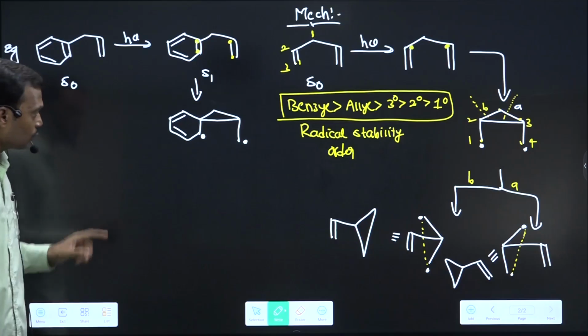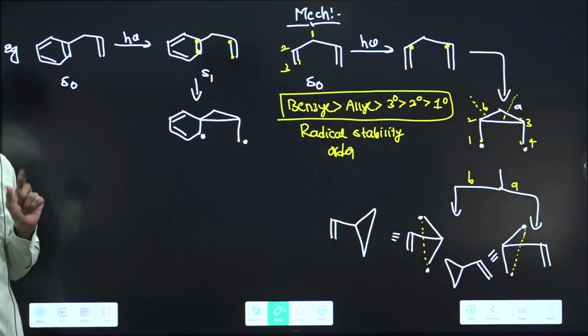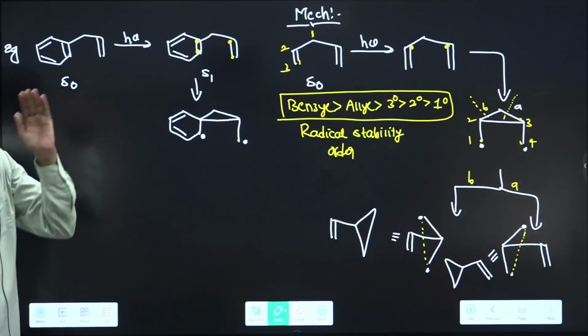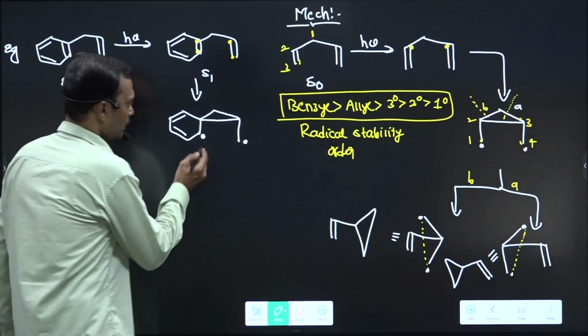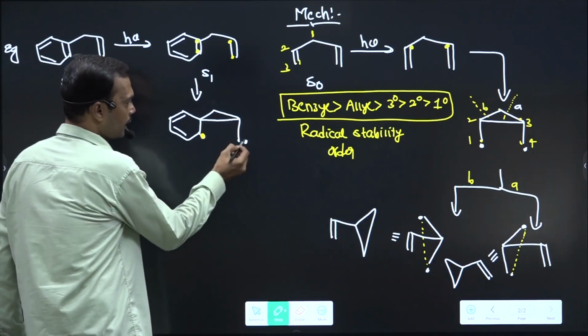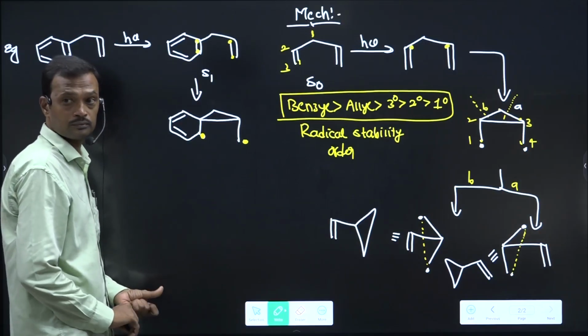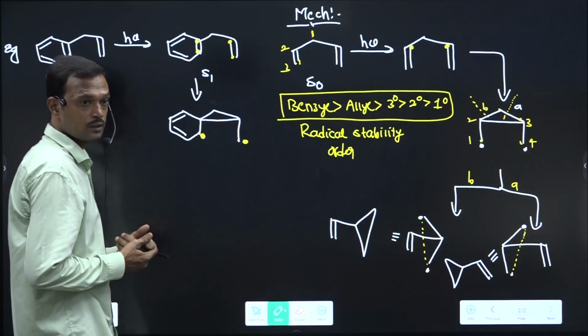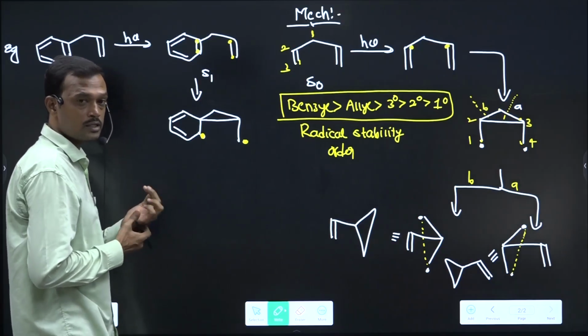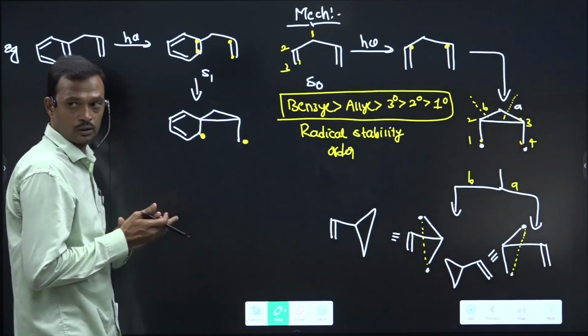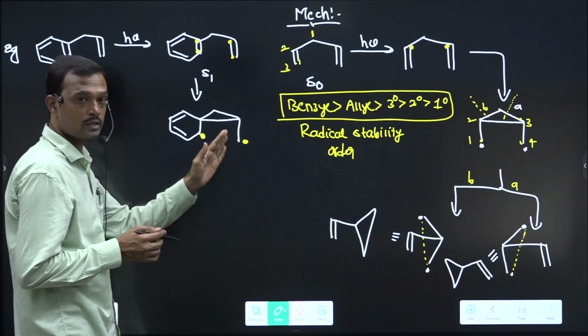Before that, you need to know which radical is unstable. That side we need to break. The corresponding 3 membered ring we need to break. Between the left side radical and right side radical, which radical is unstable? Guess. Right side or left side? Not the right side. The left side is unstable, the right side is stable.